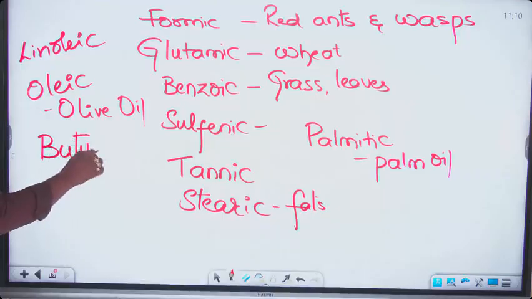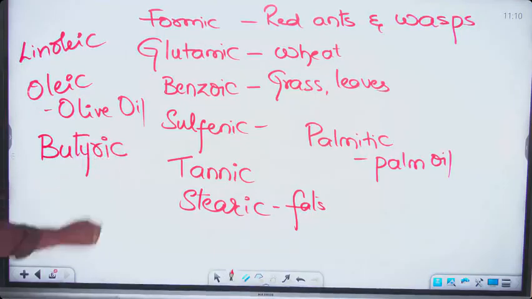Butyric acid, vegetable oils. So the various types of acids, at the same time their sources.